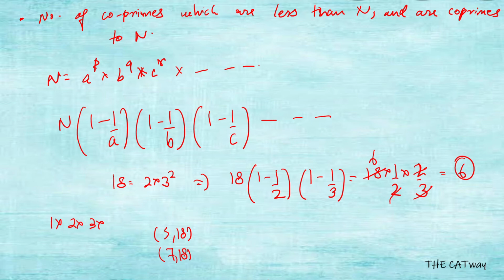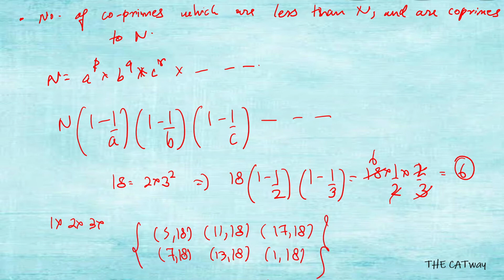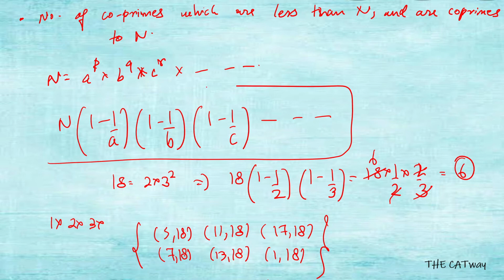We can have 5, we can have 7, we can have 11, we can have 13, we can have 17, and we can have 1. So these are the six co-primes with 18 which are less than 18, and the formula for that is this. Okay, now I hope we have verified this also. There are six of them, and we have verified.